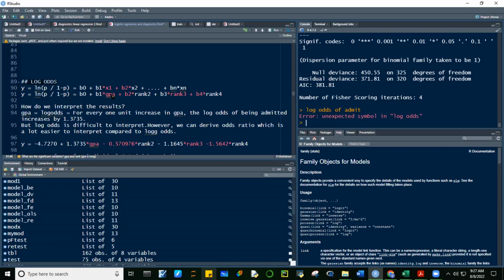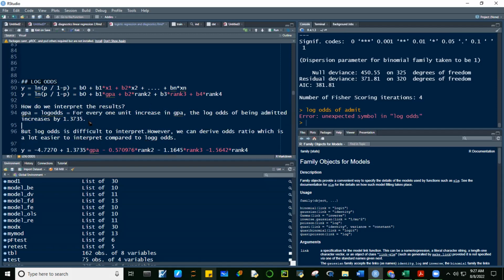So when we interpret GPA, dapat sasabihin natin na for every 1 unit increase in GPA, the log odds of being admitted increases by 1.3735. Okay, so that's how you interpret it. Kasi si y is log odds.